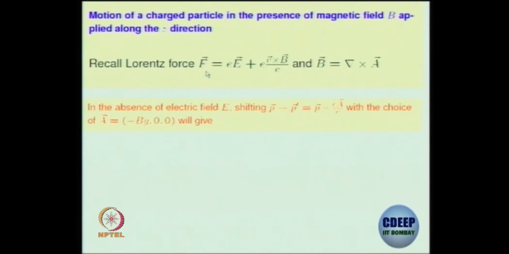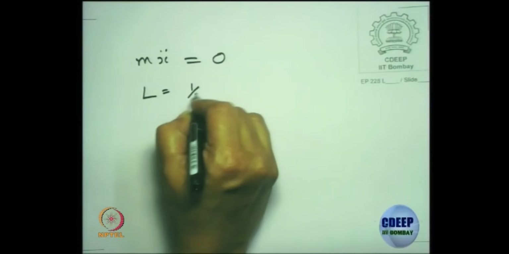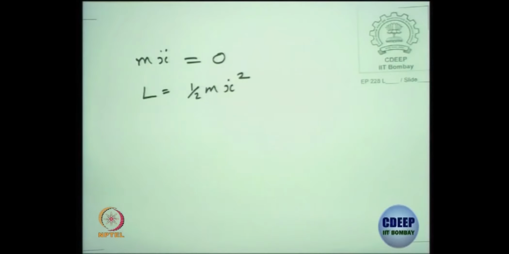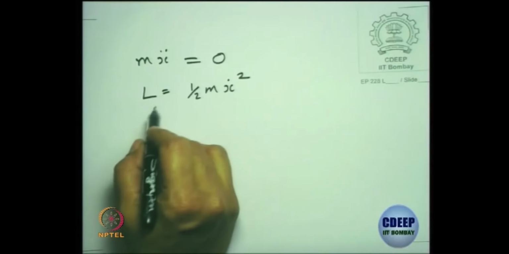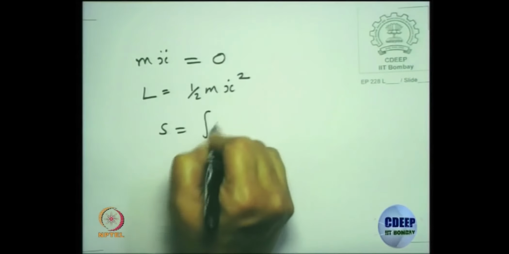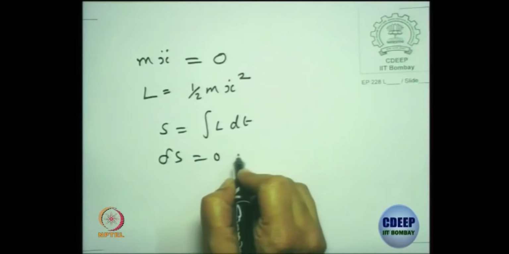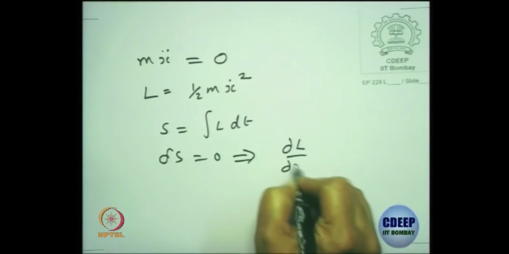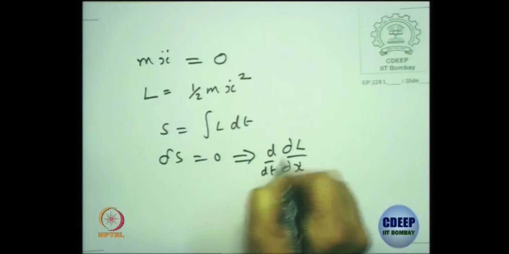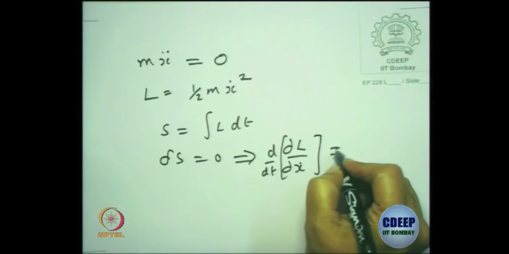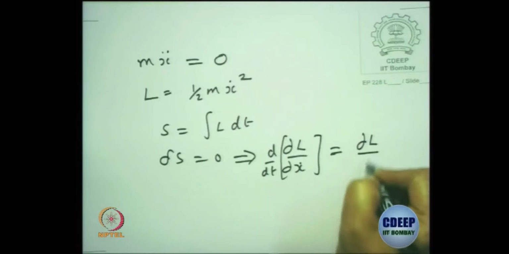And you can show that you get the Lorentz force. Just to give you a flavor, for a free particle you want m x double dot to be equal to 0. How do you do this in classical mechanics? You take L to be half m x dot squared, and then you have the principle of least action, extremizing the action, which is the integral of L dt, delta S equal to 0, will give you d by dt of del L by del x dot minus del L by del x equals 0.